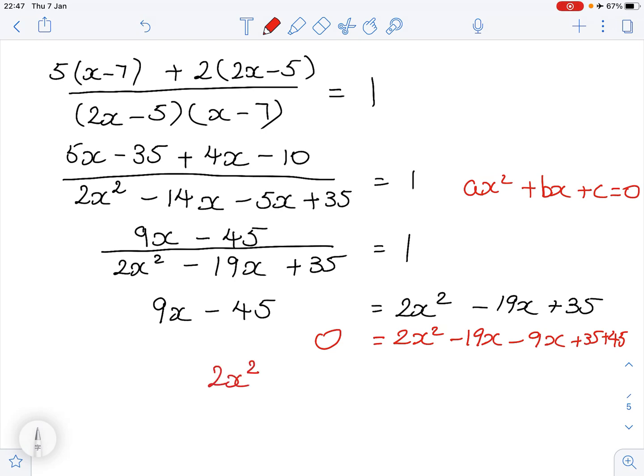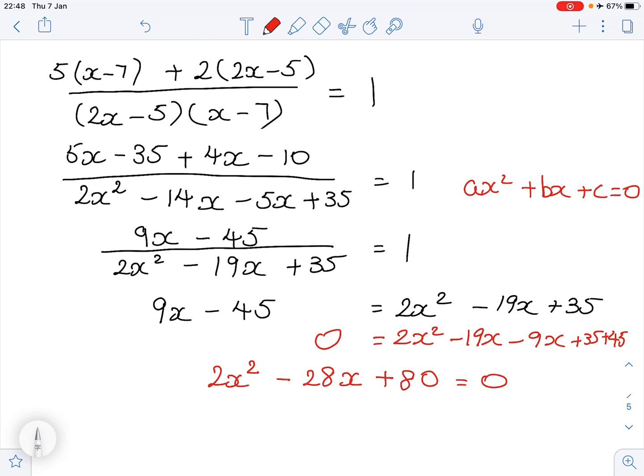Simplify this, we have 2x squared, minus 19 minus 9, which is minus 28x, plus 35 plus 45 is plus 80, equals 0. So it's a quadratic equation, so we can solve to find x.